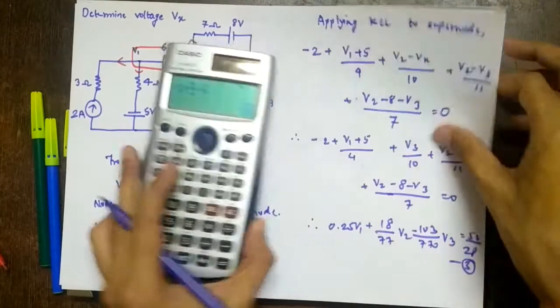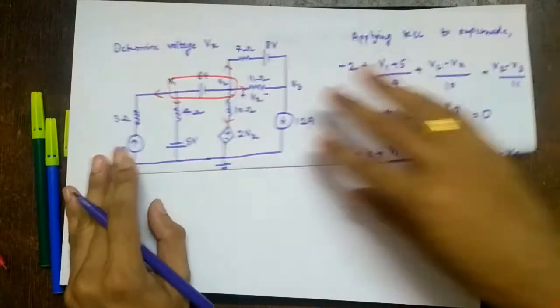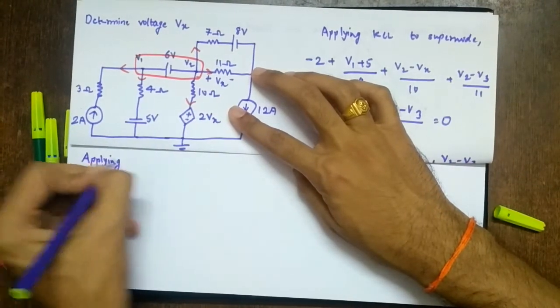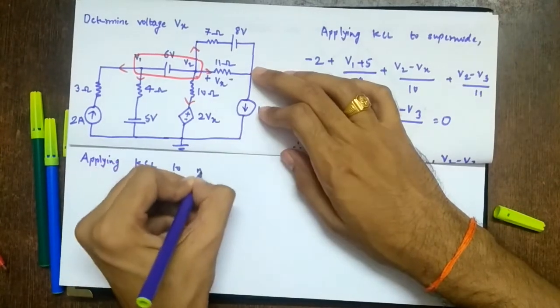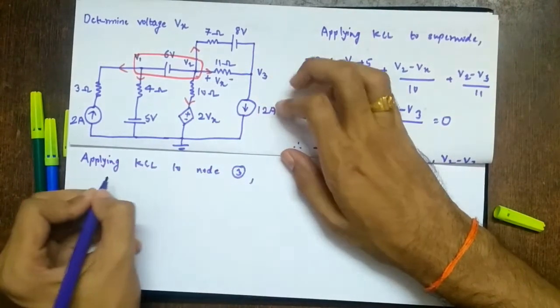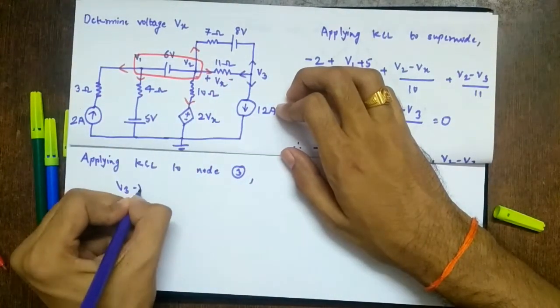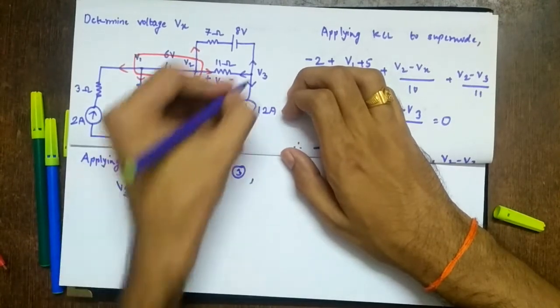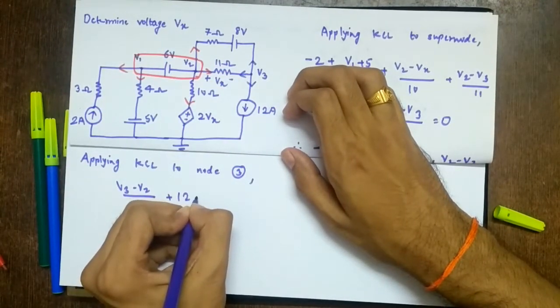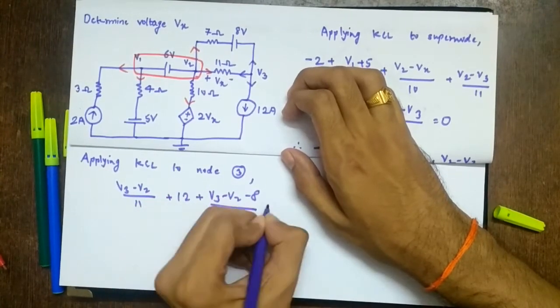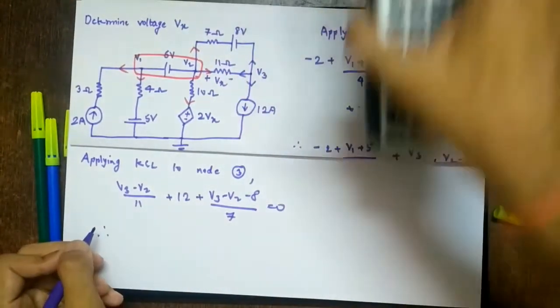Right? So next, applying KCL to node 3. Again assume all currents are going away from the node. So let's take this first: V3 minus V2 upon 11. This is directly a current of 12, so plus 12, plus V3 minus V2 minus 8 upon 7 equal to 0. There is no Vx, so solve directly.